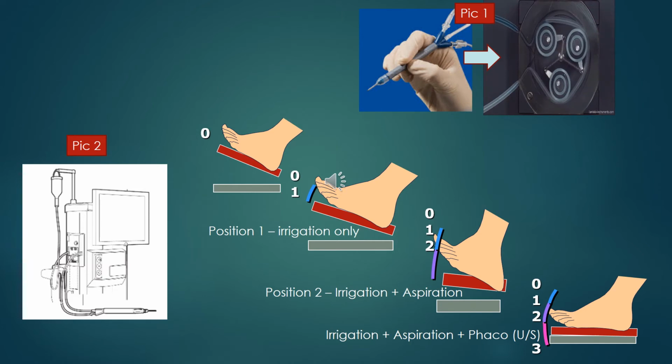As it aspirates, fluid is also drawn into the eye, which we call irrigation. So fluid moving out of the eye is aspiration. Fluid moving into the eye from the bottle that you can see hanging in picture 2, attached to the machine, is irrigation. From the bottle, the BSS or the water is now going inside the eye.